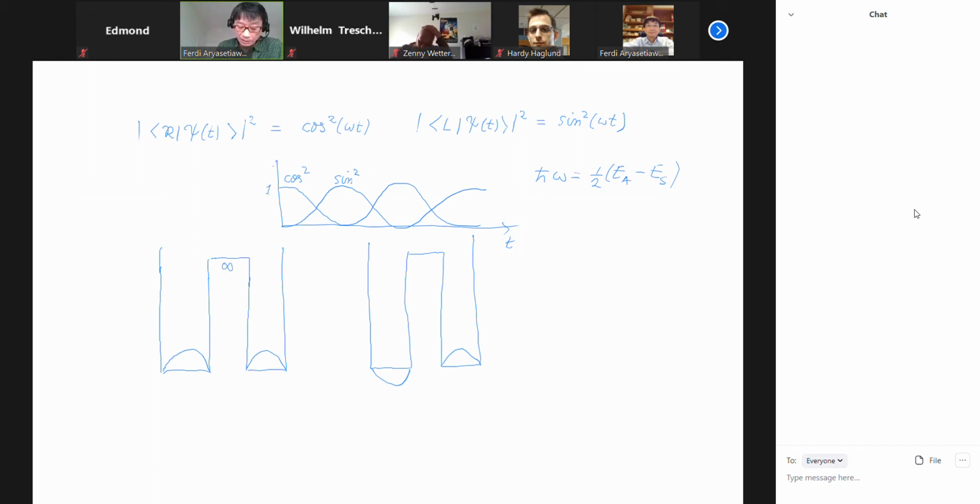If you look at these two solutions, they are degenerate because they are exactly the same wave functions, basically, except that one has a minus here, and one is positive here. Otherwise they are the same wave functions, so they have the same energies. So in this case, it becomes degenerate.